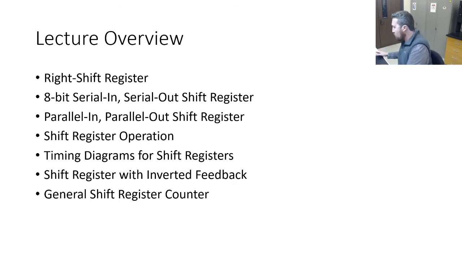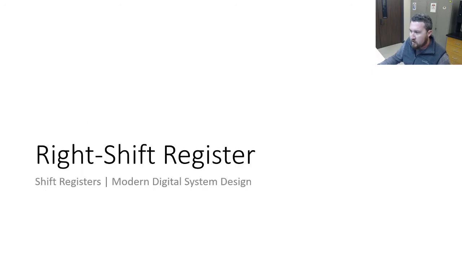We're going to work through a few examples of shift registers and unpack what the structure is and how they operate. We're going to look at a right shift register, an 8-bit serial in, serial out shift register, a parallel in, parallel out shift register, and we'll look at its operation and timing diagrams. We'll look at shift registers with inverted feedback and how that relates to what we call a general shift register counter. So let's first look at the right shift register.